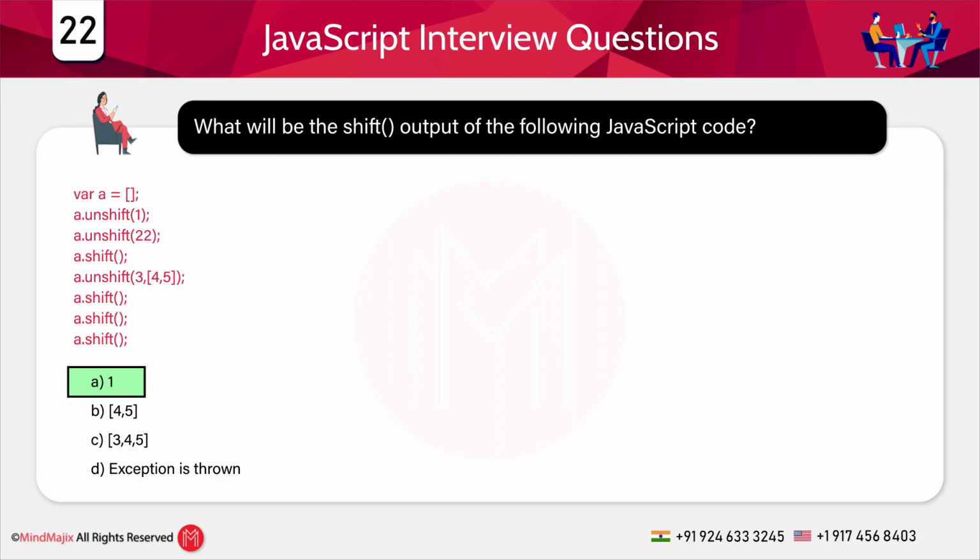Again unshift adds the elements 3, 4, 5. The first shift method will delete the 3 value. The second shift method will delete the 4 value. The third shift method will delete the next value. Now the element remaining in the array is 1. So the output is 1.